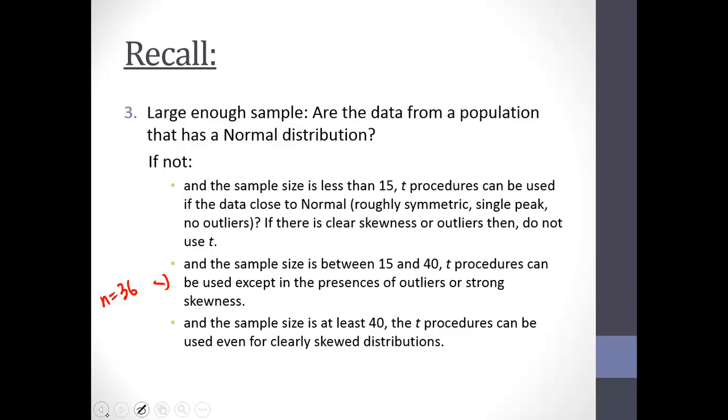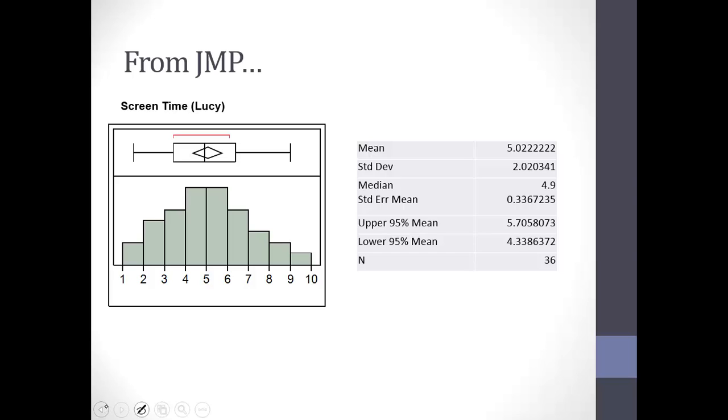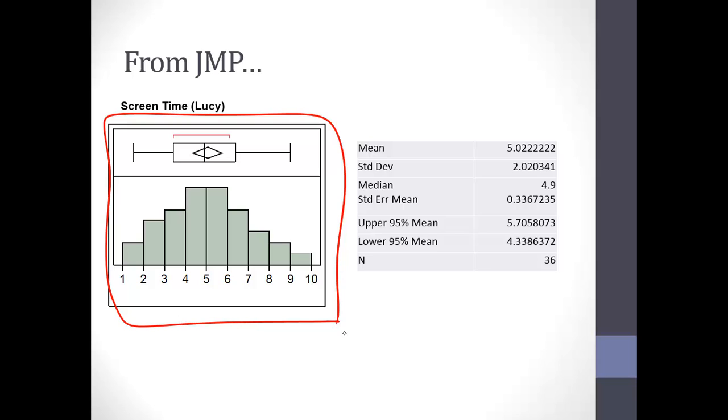So what I mean by that is, looking at the actual data that we have, do you guys see any outliers or strong skewness in this data set? Looking at the histogram, it looks okay, right? Pretty symmetric. Actually, looks really nice. So definitely no outliers, and not really any skewness either.